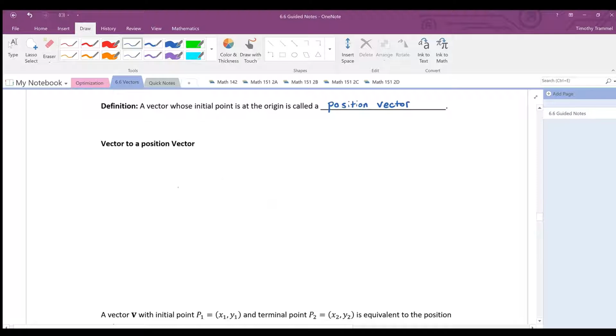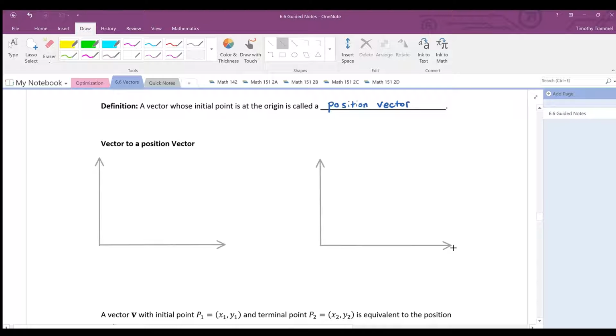Okay, we're going to move it or find, we'll see. Let's sketch in our axes. All right, so there are our axes.